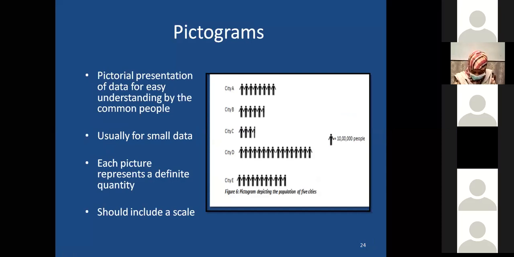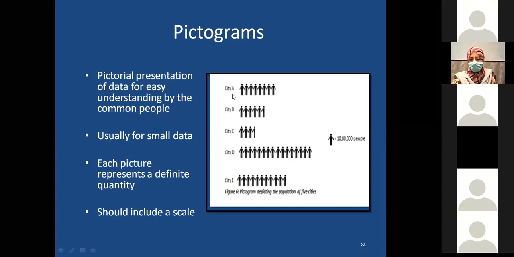For example, a layman cannot read the word mosque written anywhere, but when you have a picture of the mosque, he will be directed towards that mosque just by seeing the picture. So it's a very important type of graph that is used for small data, and each picture represents a definite quantity, and it should include a scale also.